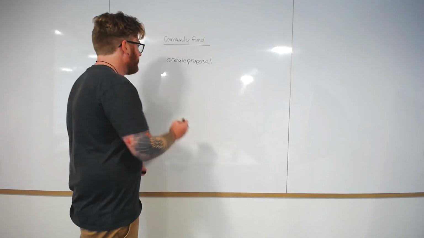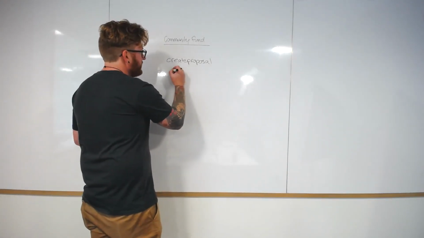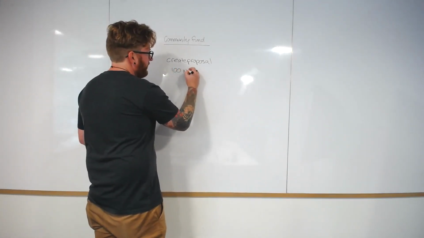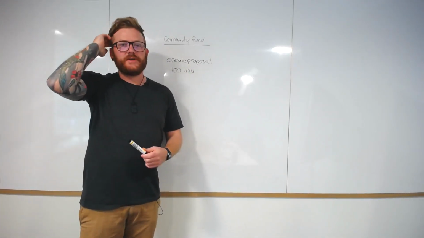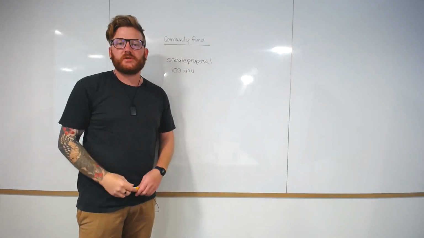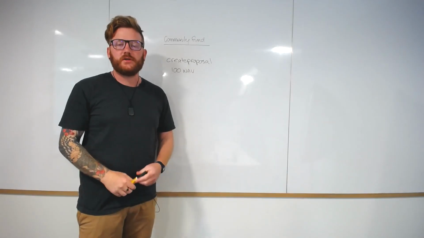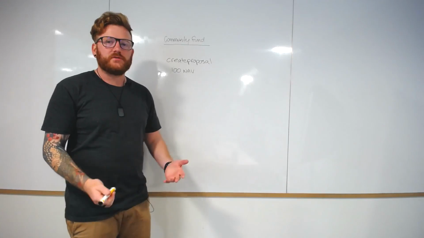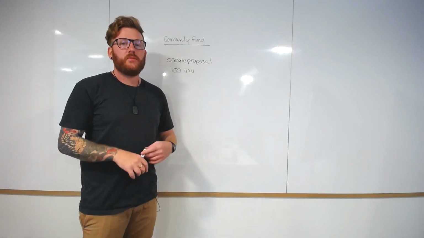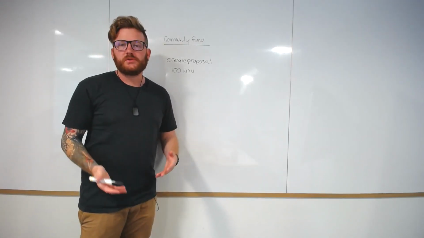The minimum fee at the moment is 100 NAV. And this is designed to be an anti-spam measure, basically. We want to make it a small barrier to entry so that people don't just flood the network with junk proposals.